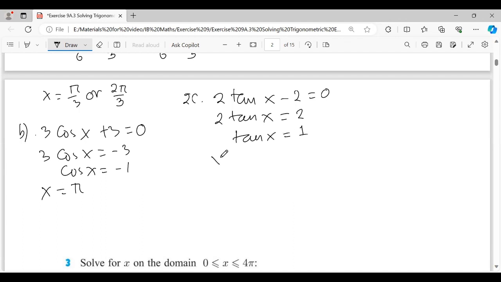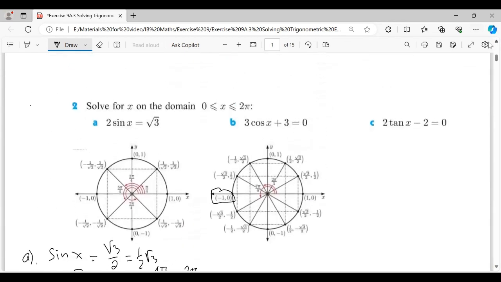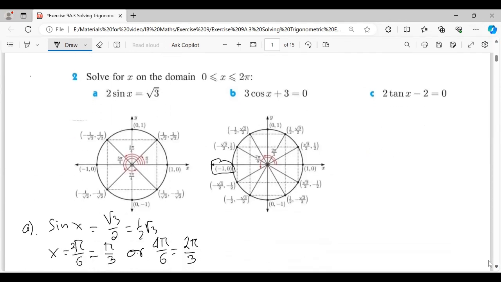So x equals the same values between cosine and sine.